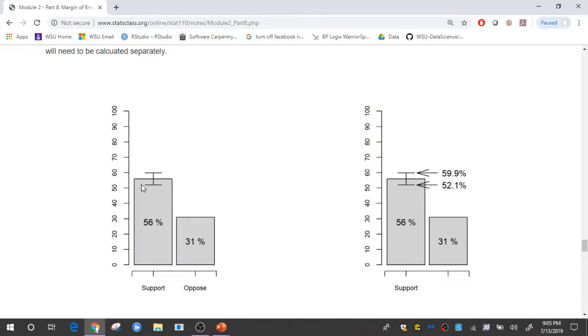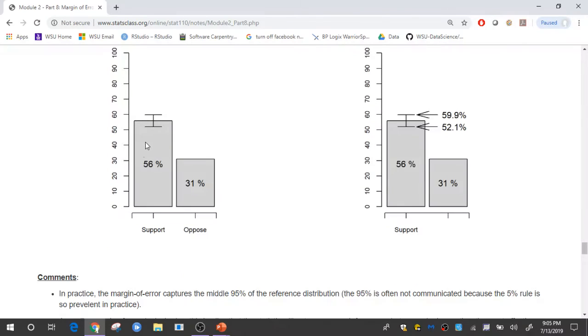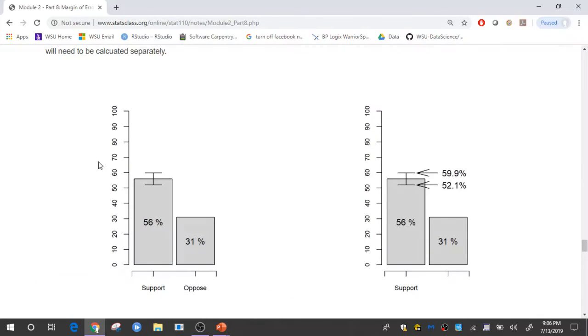So again, I would not expect the proportion of Minnesota registered voters who support stricter gun laws to go below 52.1%. So if somebody made a statement that a majority of Minnesota registered voters support stricter gun laws, that statement would be true, because I wouldn't anticipate that value to go below 52.1%.